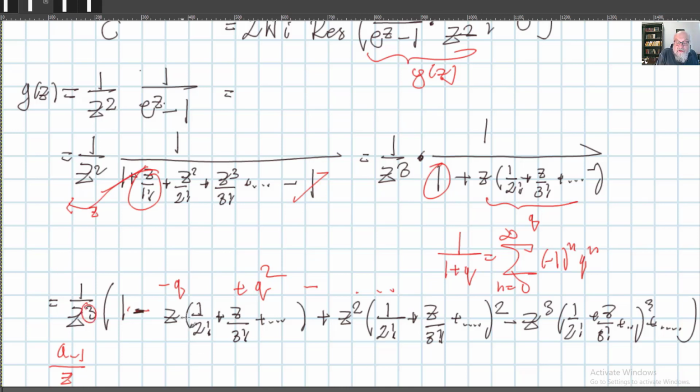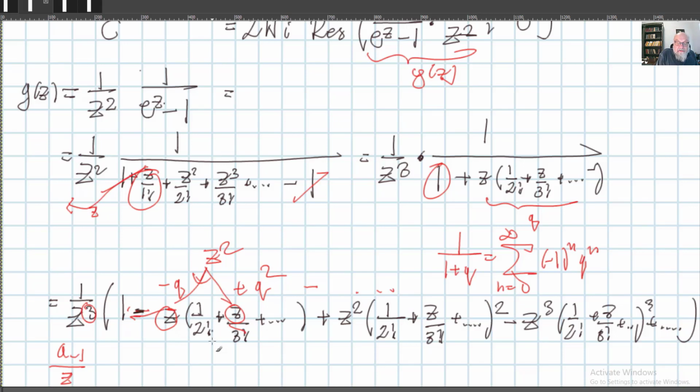So I look at where it is. If this is 3, so I'm looking for the power 2, and you can immediately recognize that I need to have the z squared in this expansion here. So where is z squared? This is one z, this is another z, so all together it is z squared.